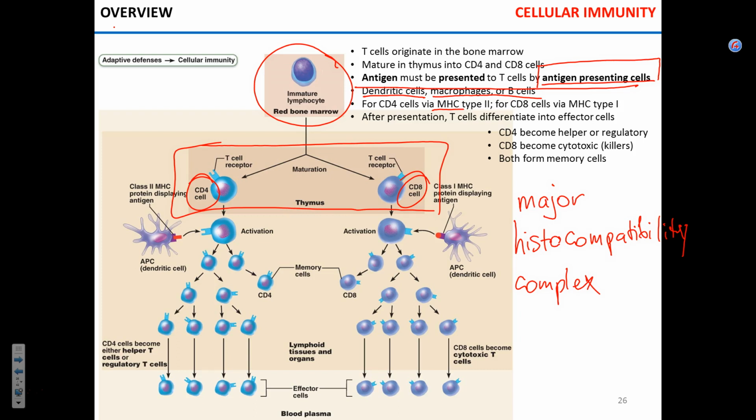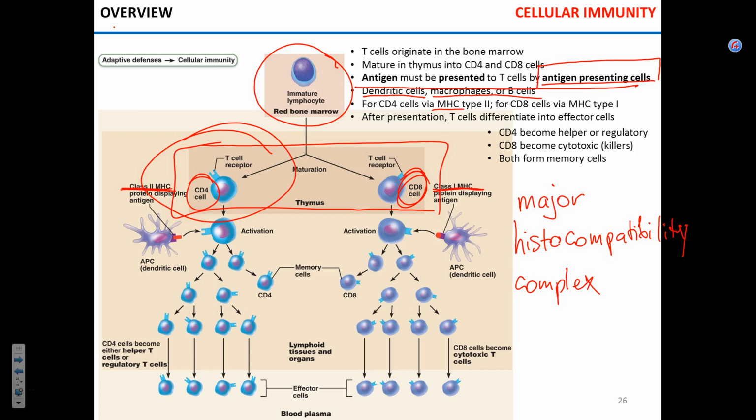Now, there are two types of MHC molecules, MHC1 and MHC2. And it turns out that they have certain differences. First difference: CD4 T cells recognize only class 2 MHC, and CD8 cells recognize only class 1.